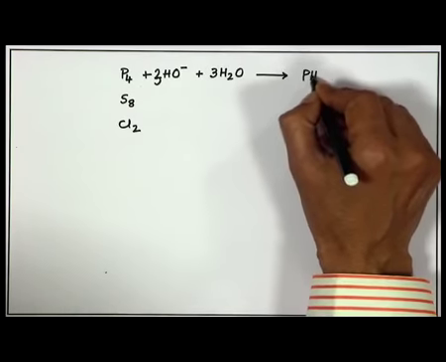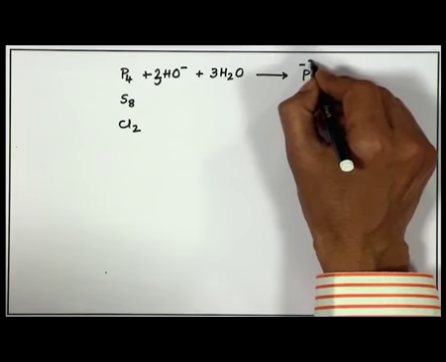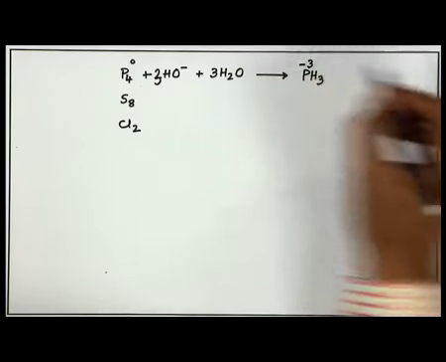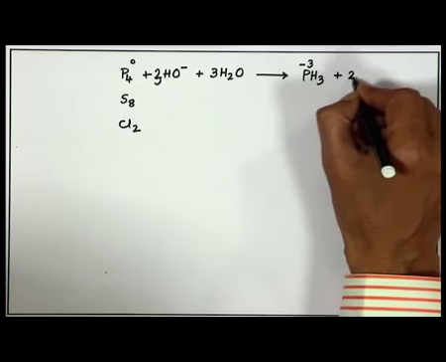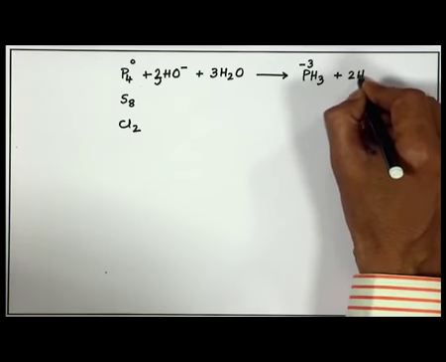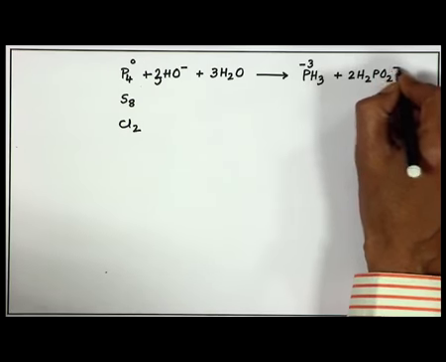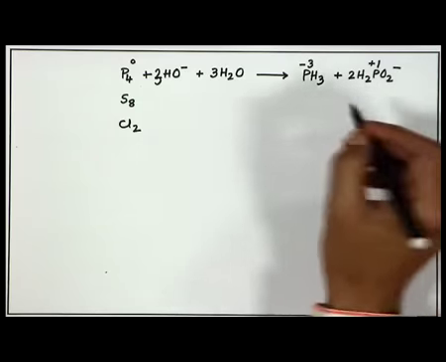Because 3 hydrogens will be required for formation of the PH3, where phosphorus is in -3 oxidation state, here it is in 0 oxidation state, and the other species the number is also twice of that, H2PO2 minus, where phosphorus is in +1 oxidation state.